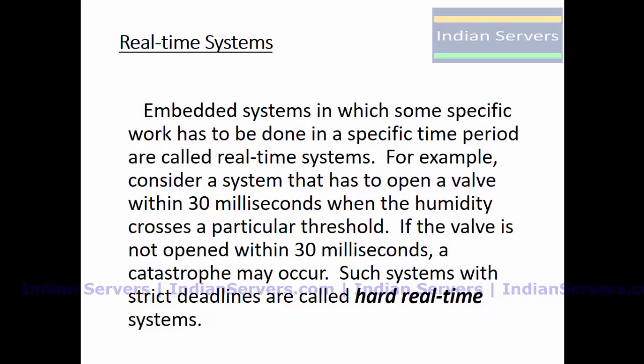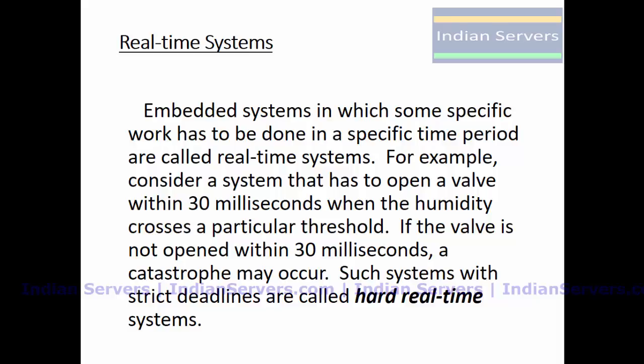Coming to real-time embedded systems, real-time embedded systems are classified into two types. One is hard real-time embedded system and the second one is soft real-time embedded system. Hard real-time embedded systems will have a particular timing deadline.